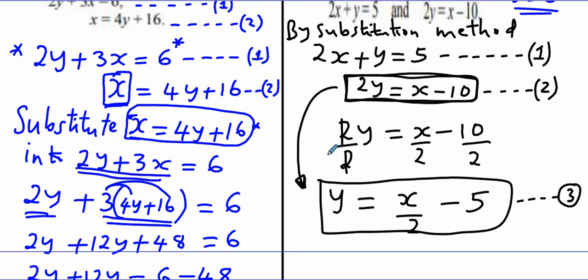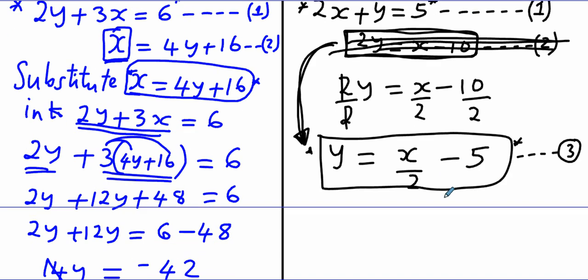So temporarily, we can cancel equation number 2 to show that it is not going to be used when we are doing substitution, because it has been used to produce equation number 3. So what we are going to do is substitute equation number 3 into equation number 1. That means where there is y, I will be writing x over 2 minus 5.